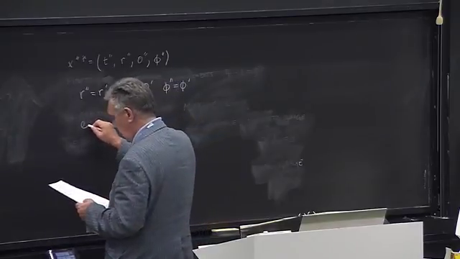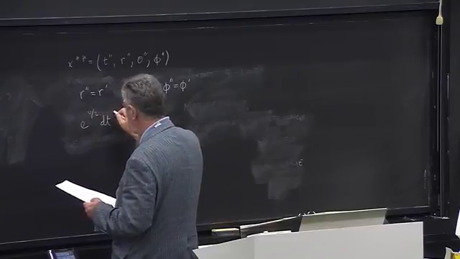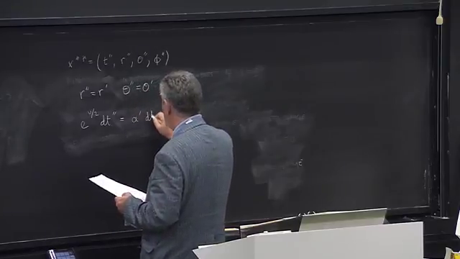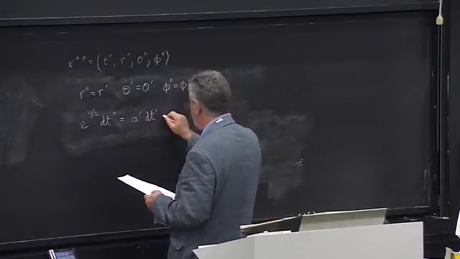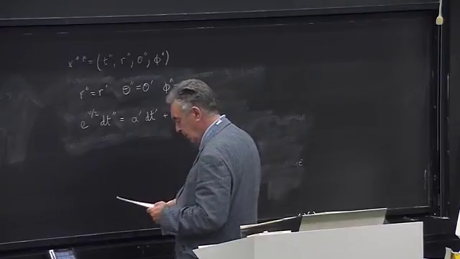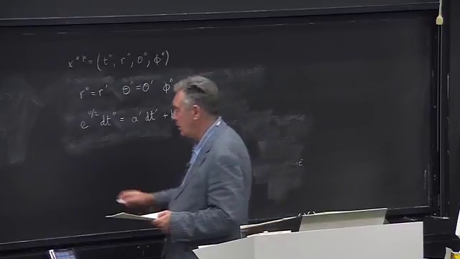And e to the mu over 2 dt double prime is a prime dt prime plus b prime dr prime. That's another coordinate transformation.